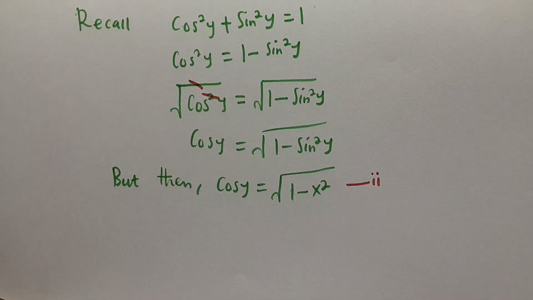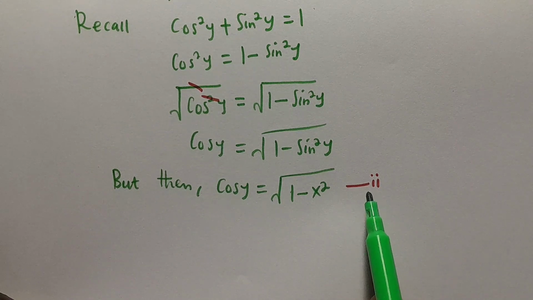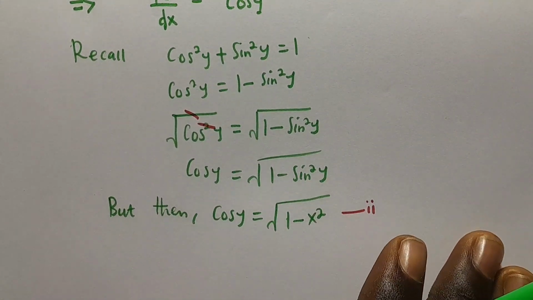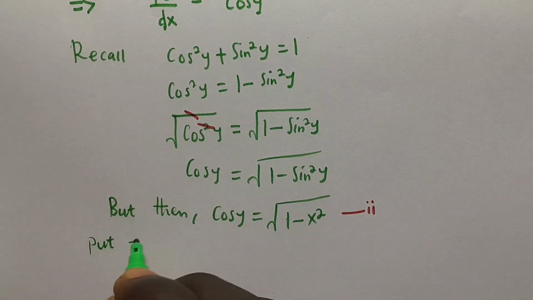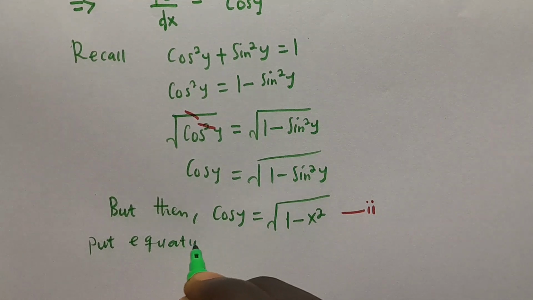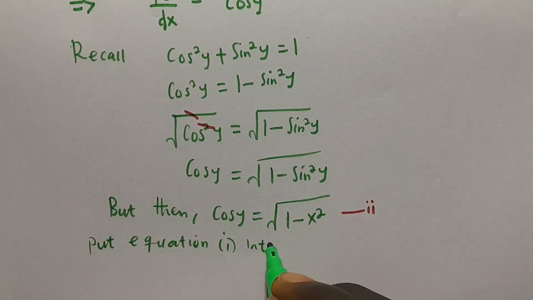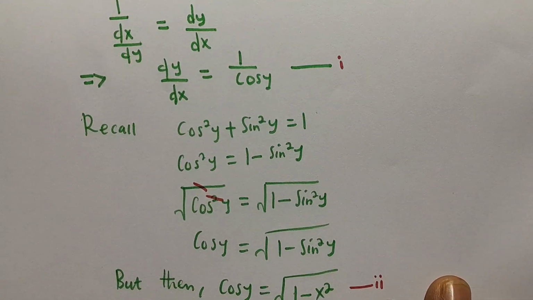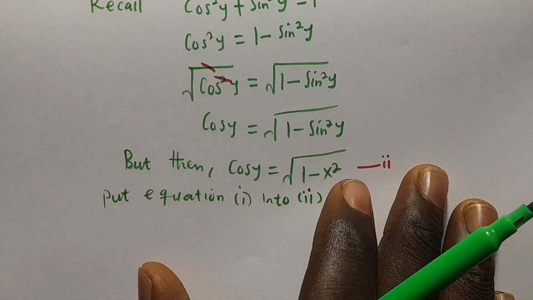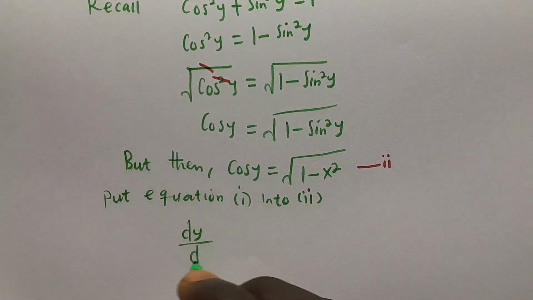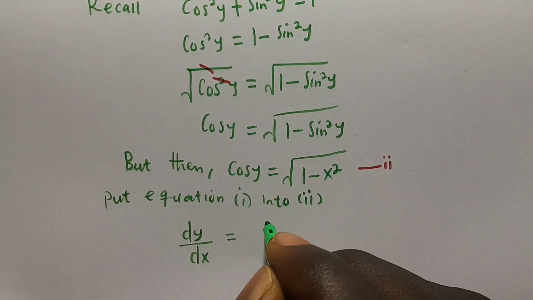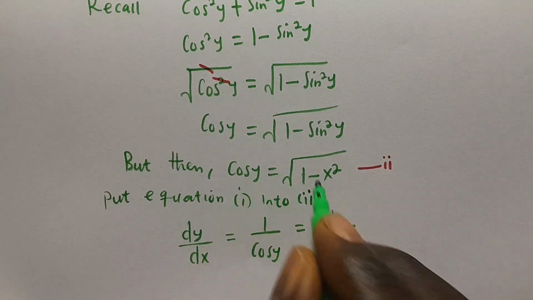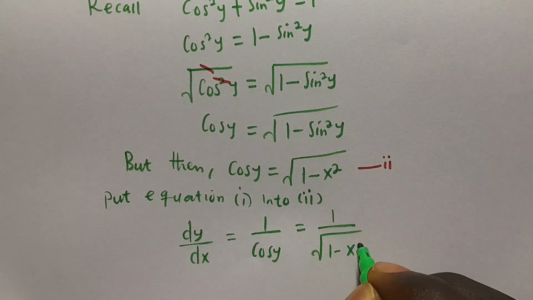Now let's substitute equation 1 into equation 2. So what we are going to have will be dy over dx equals 1 divided by cos y, and we got our cos y to be equal to the square root of 1 minus x squared. So dy/dx equals 1 divided by cos y, and our cos y has been given to be the square root of 1 minus x squared.